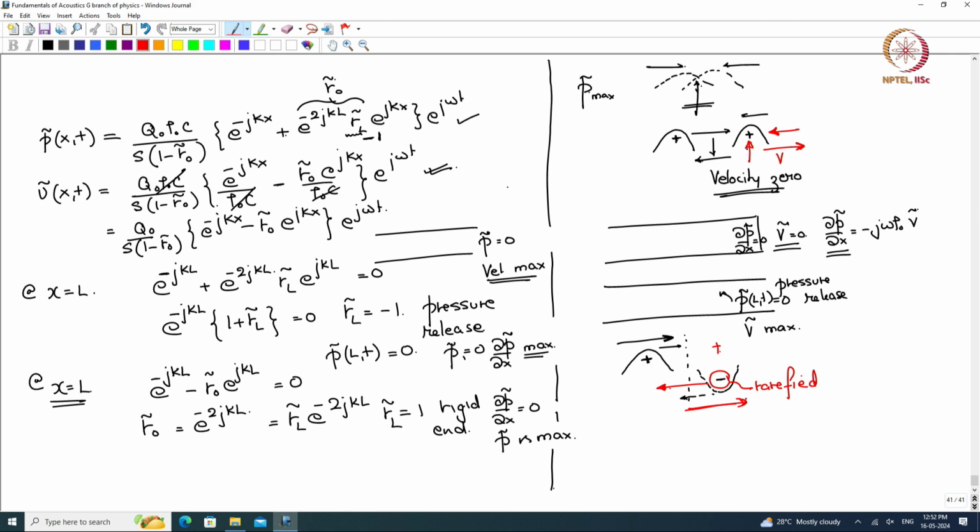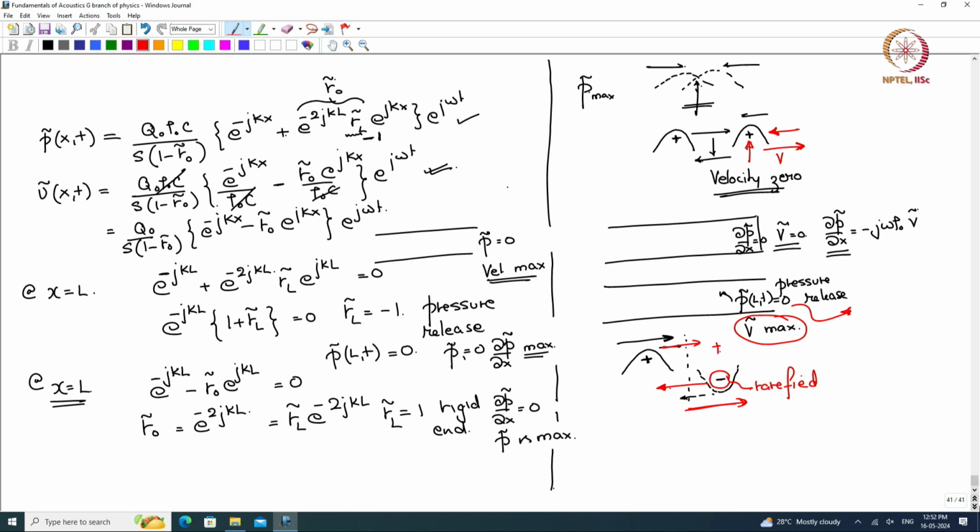So this velocity combined with that velocity, you get a velocity maximum. So where you have a pressure 0 due to combination, there you have a velocity maximum. So that's the logic over here.